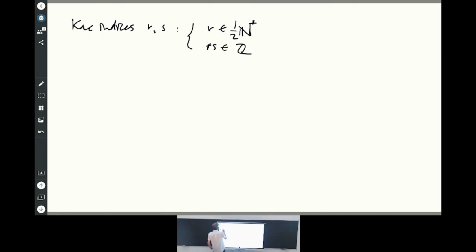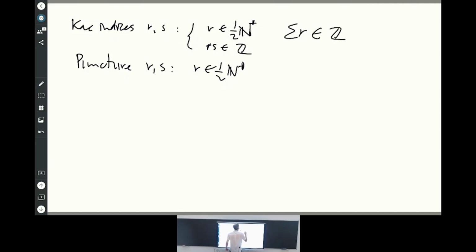And if you look at the indices of a puncture, also R and S, they also have R half integer, and the sum of R is integer. So this R obeys the same constraint.